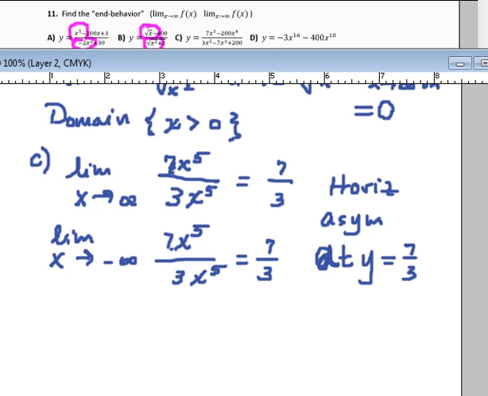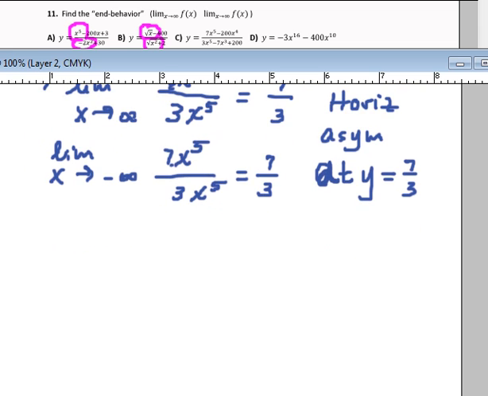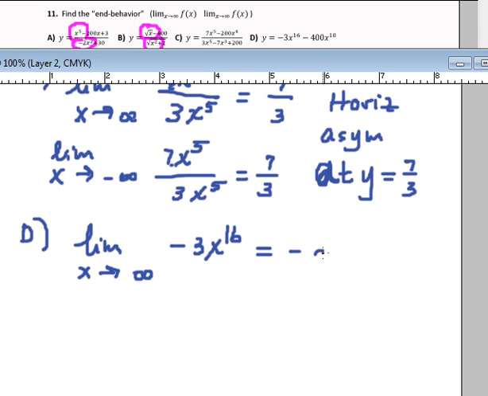All right, let's look at D. Doing the limit as x goes to infinity of minus 3x to the 16. That's the dominant term. Okay. So x to the 16 will go to infinity, and because of the negative in front, this limit is minus infinity.